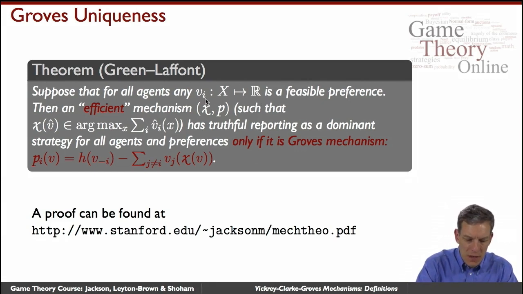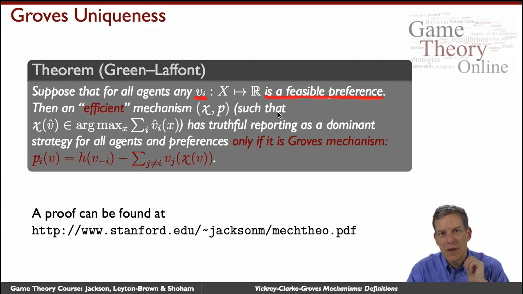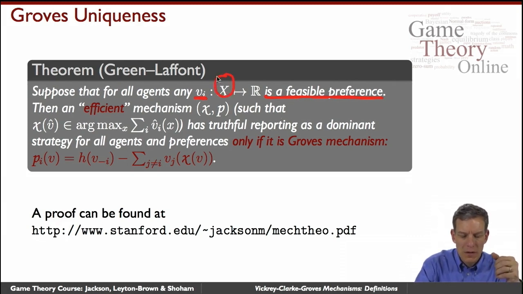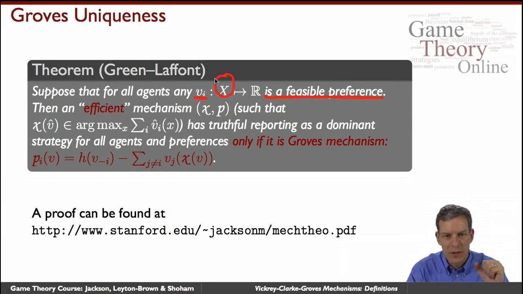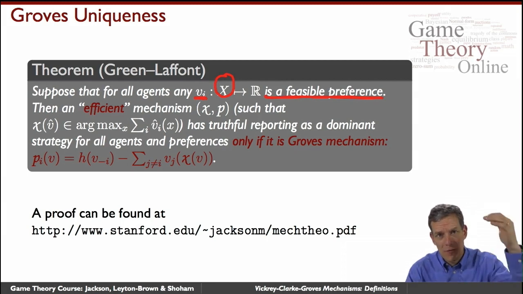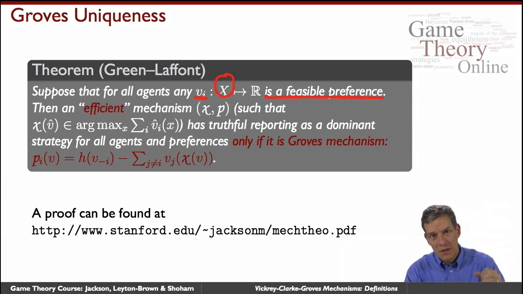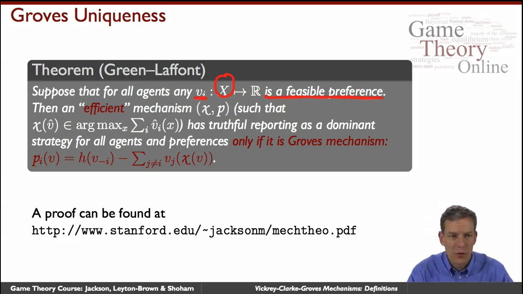So suppose that each individual could have any possible utility function over the public decision, or the non-monetary decision. So the domain is going to be rich in a very particular sense, that people could have any possible utility ordering over the set of alternatives.